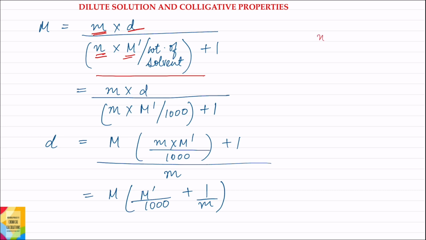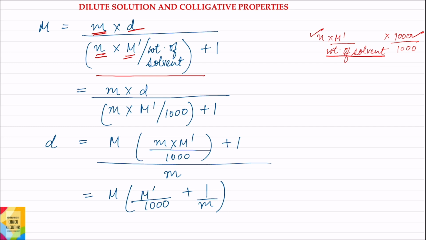that is n into m dash divided by weight of solvent. So if we multiply and divide this by 1000, that is into 1000 and divided by 1000, then number of moles of solute divided by weight of solvent, this is in grams, and this weight of solvent when it is divided by 1000 will give the weight of solvent in kgs.